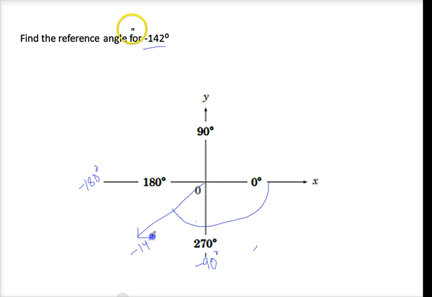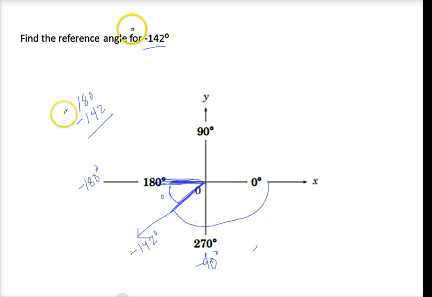And this is our angle of negative 142 degrees. But we want the reference angle. Remember, the reference angle is the angle between the x-axis and the terminal side of our angle. So here is the x-axis, and here is the terminal side of our angle. We want to know how many degrees this opening is. I'm going to take 180 and subtract 142.